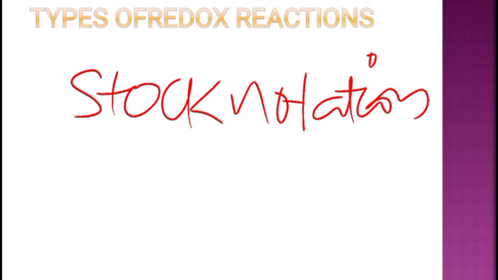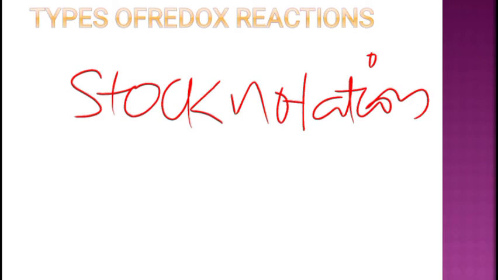Similarly, copper also shows +1 and +2. So, a metal in a compound is represented by stock notation. According to this method, the oxidation state of the metal is written in brackets. We'll see how to represent that.